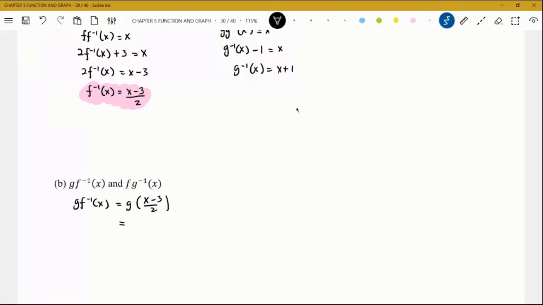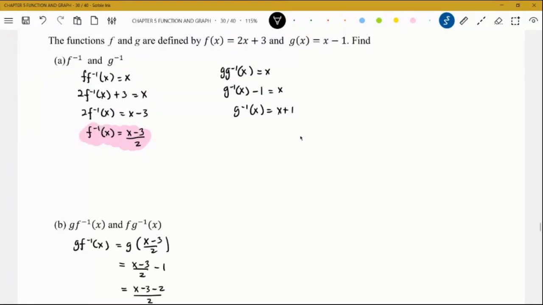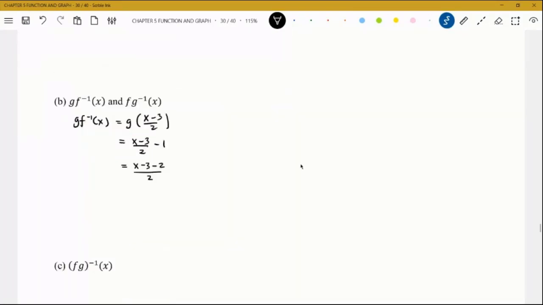G kita adalah X minus 1. So we replace X minus 3/2 minus 1. So balance up denominator. So we're gonna have X minus 5/2.